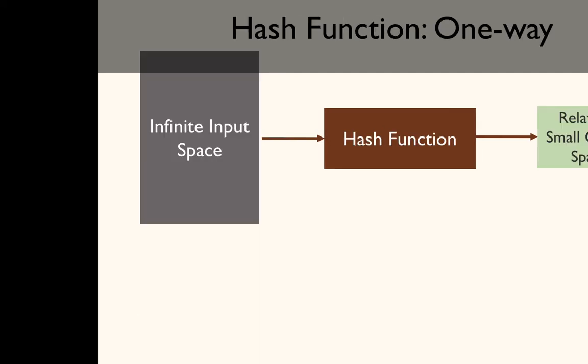So you can see that this function is a one-way function, because the input space is basically infinite, unlimited. You can put anything there. But the output space is relatively small, even though 128 bits is still huge. 512 bits is really a huge space.